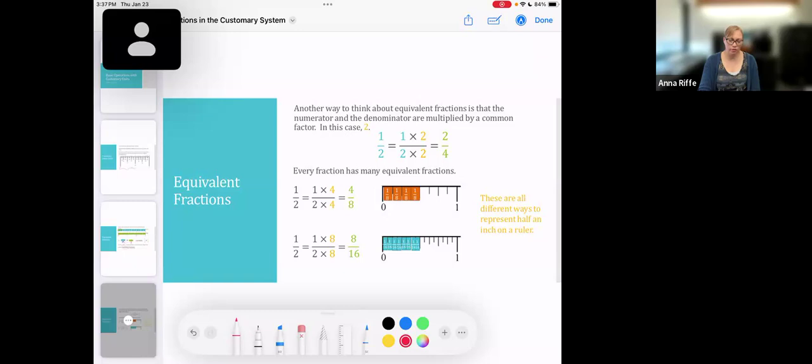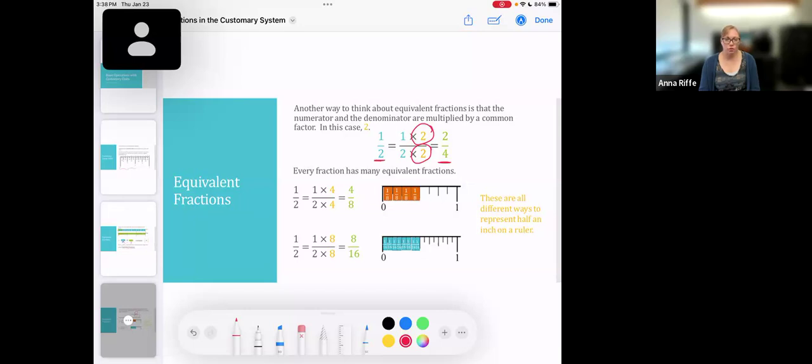For example, if I want to show that 1/2 and 2/4 are equivalent fractions, so they represent the same number, then I can choose to multiply the top of that fraction, the numerator, by 2, and multiply the bottom by 2, which gives me the fraction on the right, 2/4. Since I multiplied the numerator and the denominator by the same factor, the same number, 2/4 is an equivalent fraction.